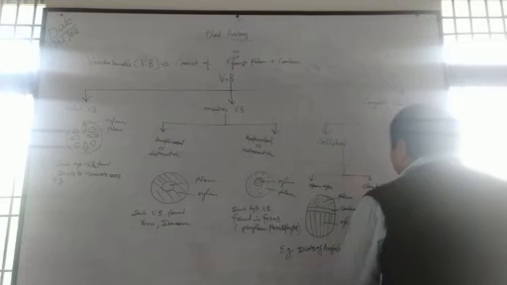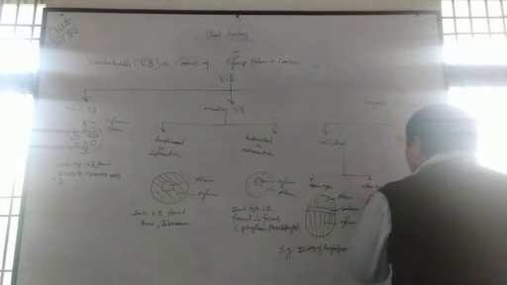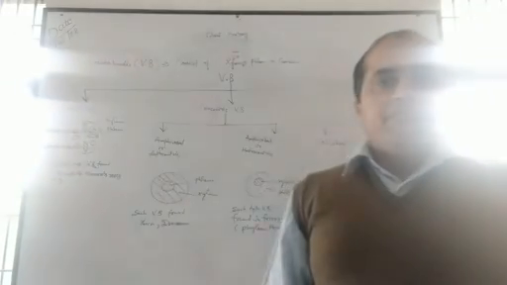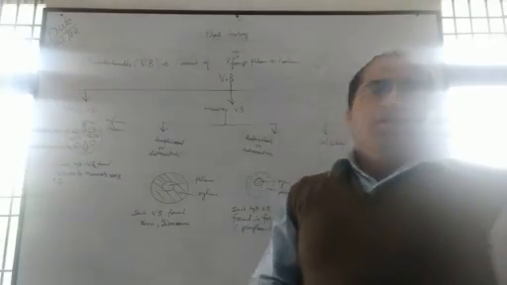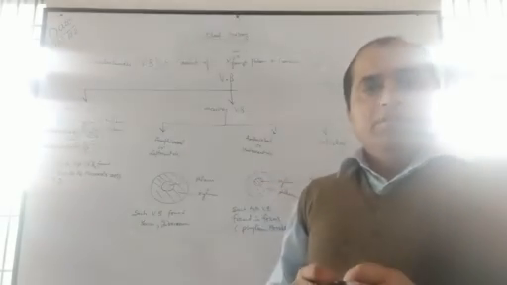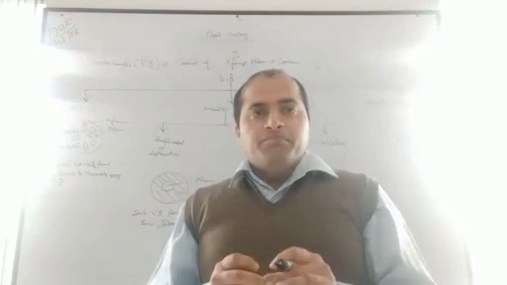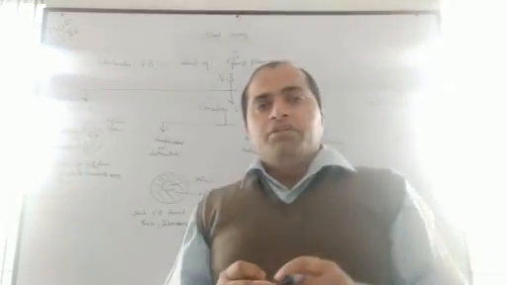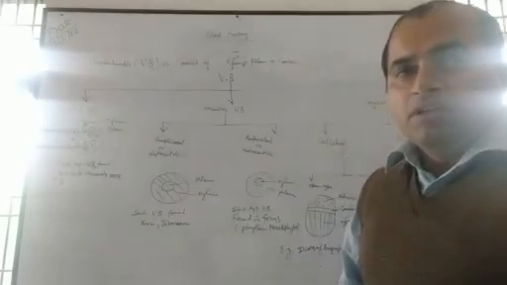Example. And in case of the closed type of collateral vascular bundle, xylem and phloem are not divided by cambium. That means there is an absence of cambium ring in this type of vascular bundle.